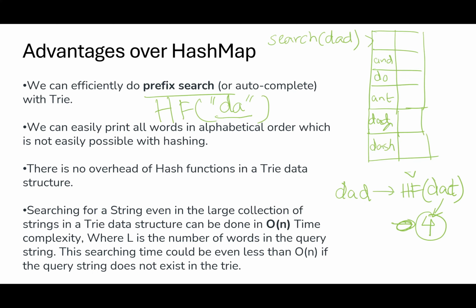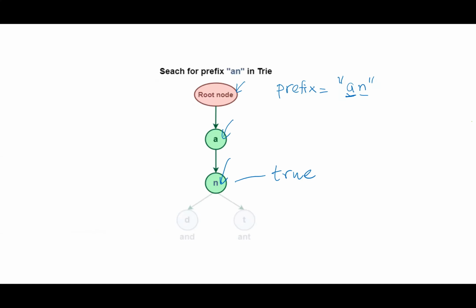So if someone says, hey, does your dictionary have words starting with DA, what you have to do is check the whole hash map and look for words and see if that word starts with DA, right? But with a trie, it was very simple. We just start from the root node.